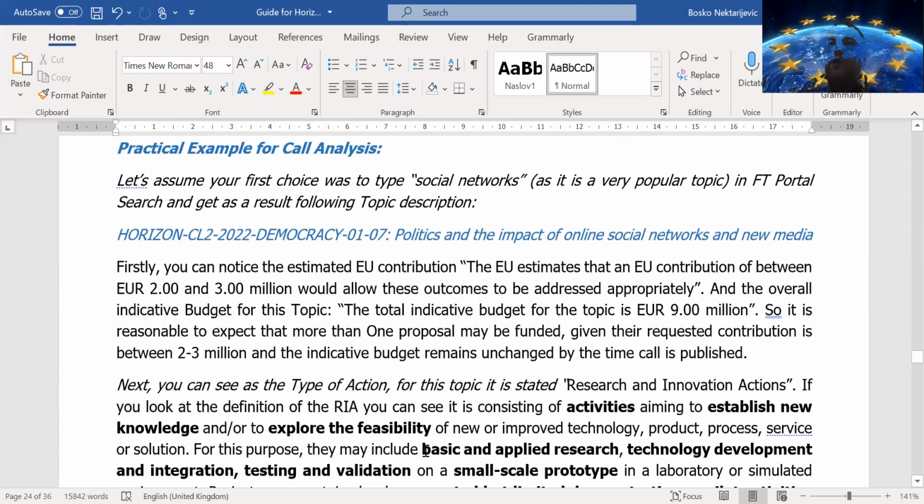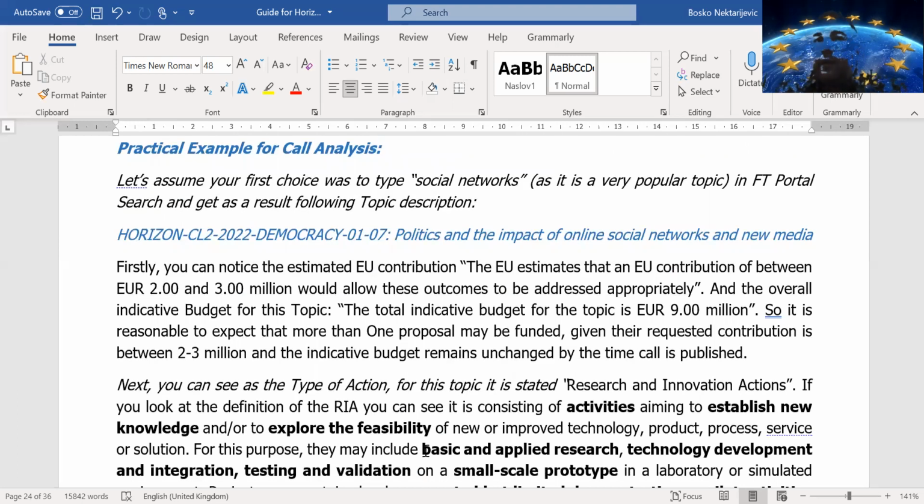I shall focus at the moment on a practical example. Once you open your participants portal page, you do a keyword search.